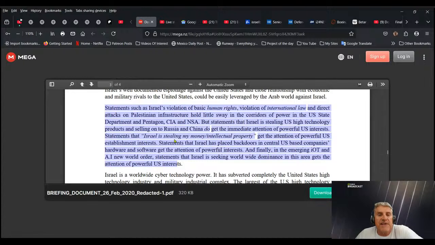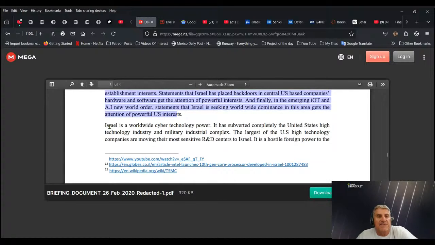Statements that, quote, Israel is stealing my money, intellectual property, end quote, get the attention of powerful US establishment interests. Statements that Israel has placed backdoors in central US-based companies' hardware and software get the attention of powerful interests. And finally, in the emerging Internet of Things and AI new world order, statements that Israel is seeking worldwide dominance in this area get the attention of powerful US interests.